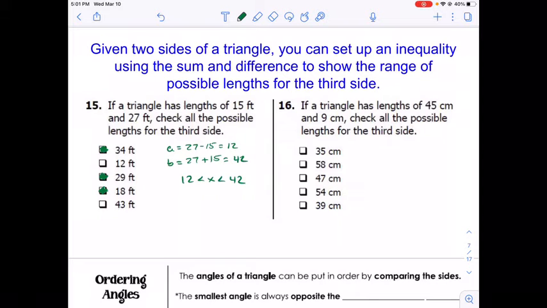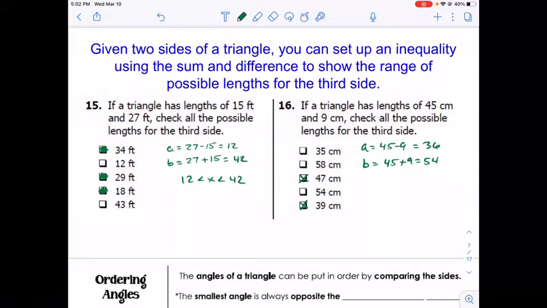All right, so hopefully you're able to find that these two are the correct ones, 47 and 39. The way this works is, once again, A is going to be 45 minus 9, and B is equal to 45 plus 9. So 45 minus 9 is 36, and 45 plus 9 is 54.